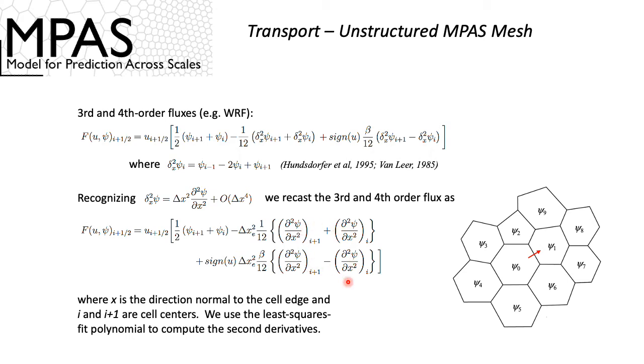Now, the reason that we can do that efficiently in MPAS is that we can pre-compute the weights that make up that polynomial and that define those derivatives before the start of the integration and just store them. So we don't have to do a least squares fit every time we apply the operator. We have those weights already there to define the second derivative, and we're just all set to go.